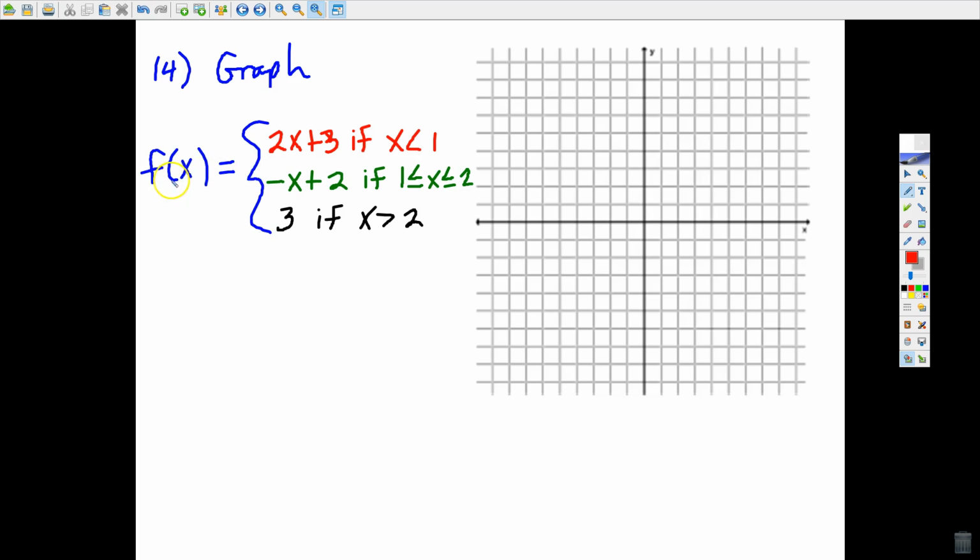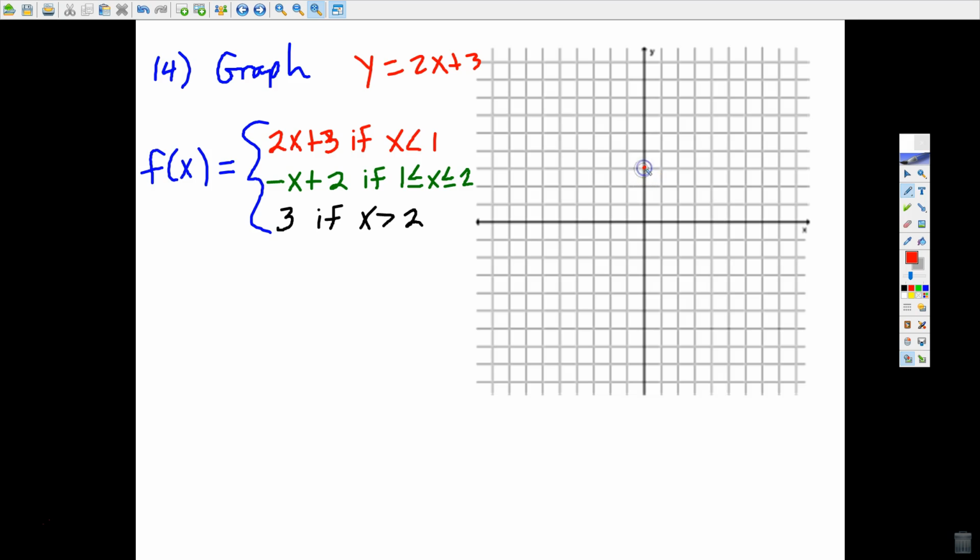How would I first of all graph y equals 2x plus 3? Trent? If I just ignore this, is this confusing you? The if x is less than 1? If I just said, give me the graph of this.